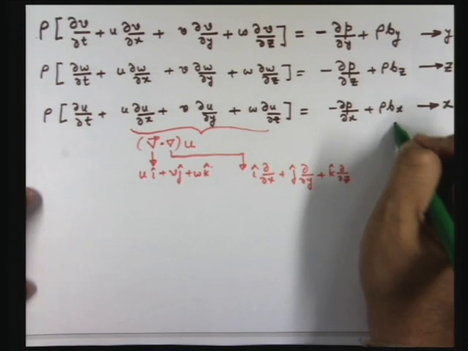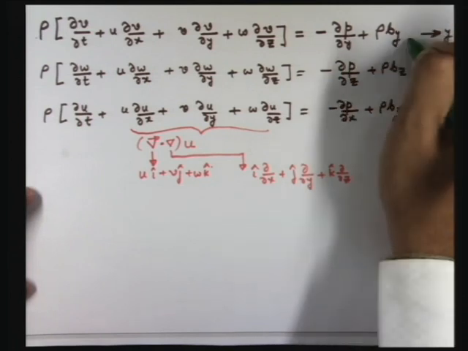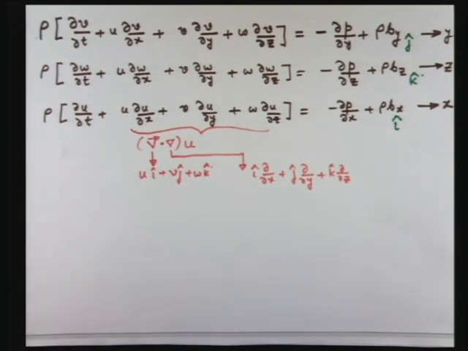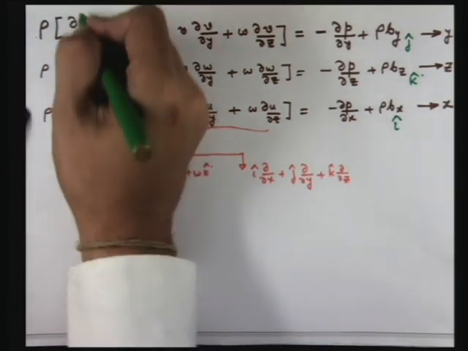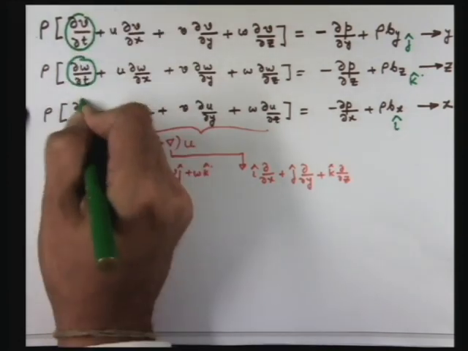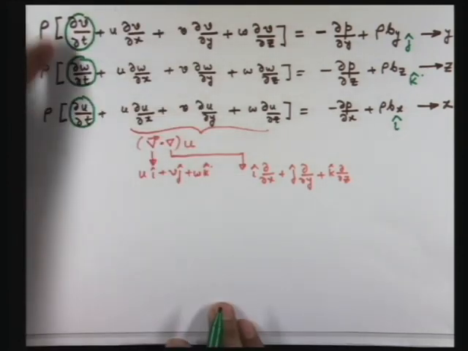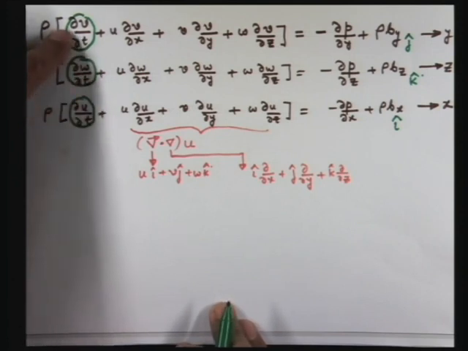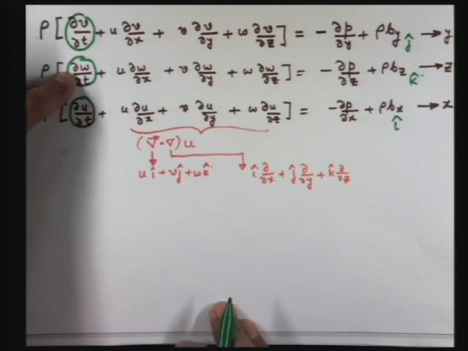We are considering i cap of this, j cap of this, and k cap of this, and add together. The objective is to get the equation of motion in a vector form. So to do that, if you see these three terms, if you add, what it will be? Del del t of u i cap plus v j cap plus w k cap, that means del del t of the velocity vector.